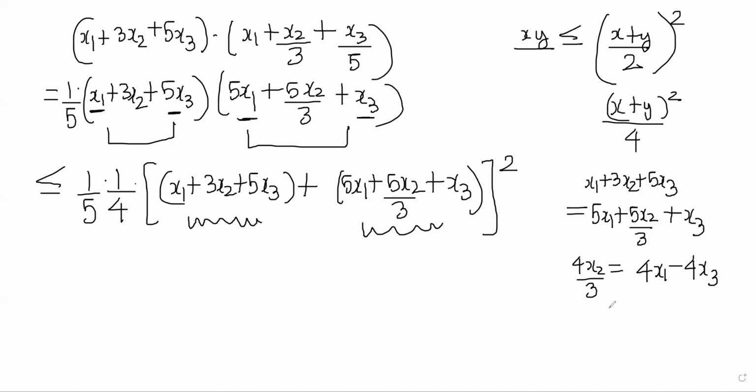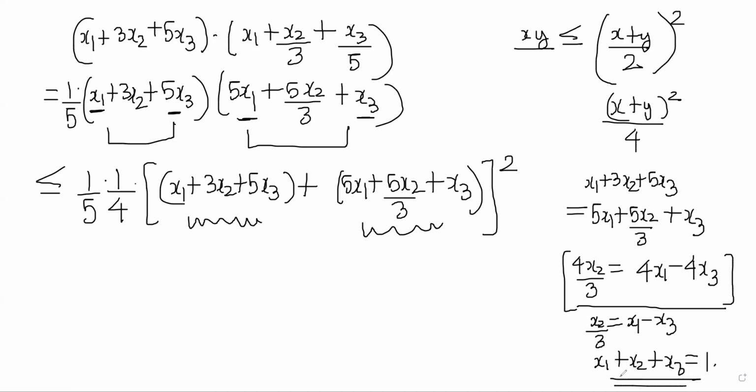So this equality is there. We can cancel 4 and we'll get x2/3 is equal to x1 minus x3. And we also have x1 + x2 + x3 is equal to 1. So if I use this now, we will get x2 is equal to 3x1 minus 3x3.